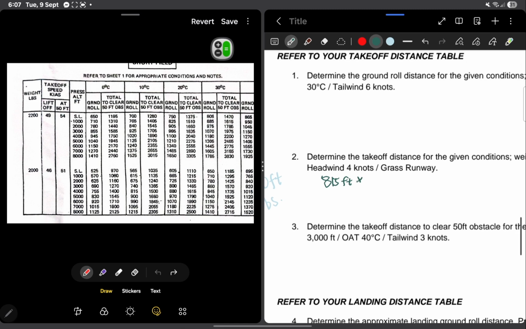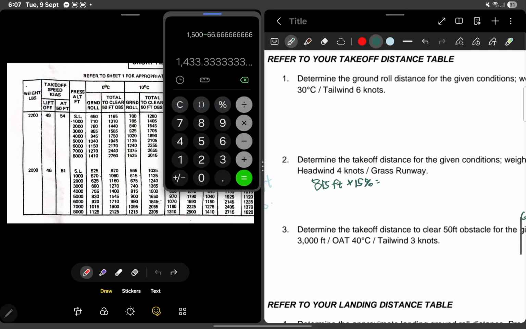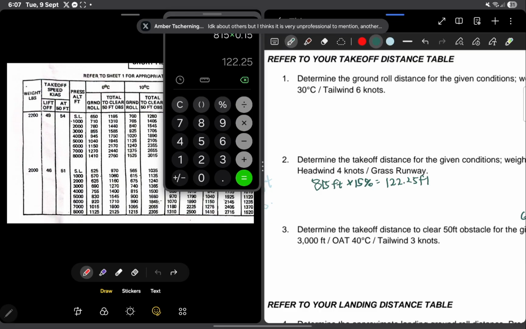Now, we need to multiply this by 15%. Oh, my bad, 15%. And then with this, once we get the answer, we need to add it to our distance. So 815 multiplied by 0.15 is 122.25 feet.